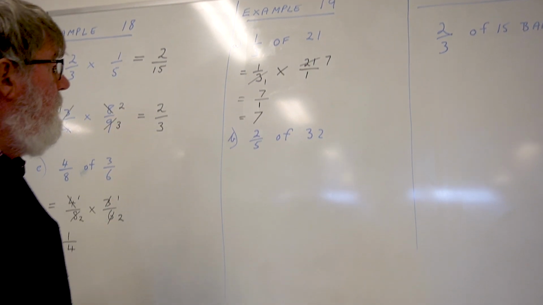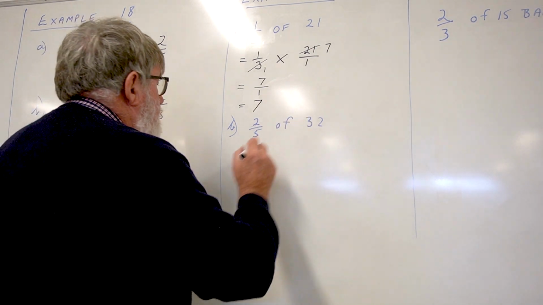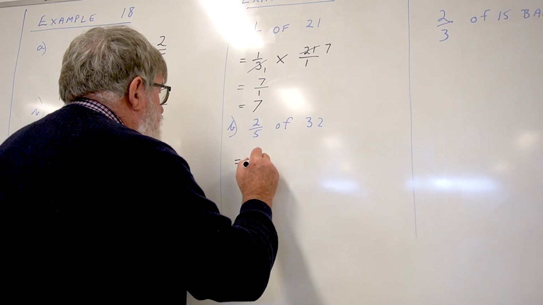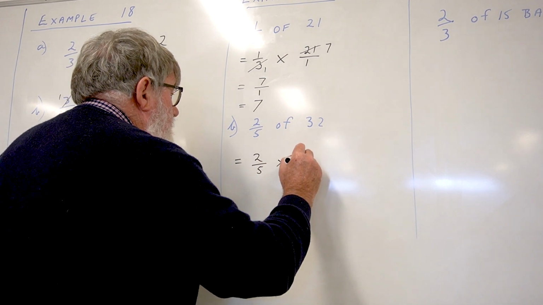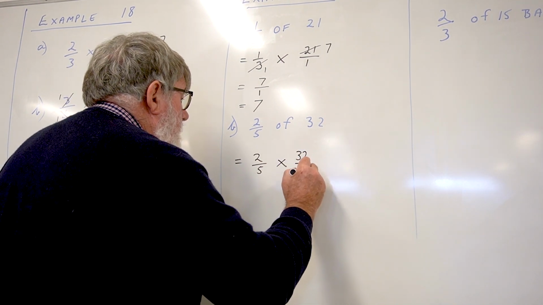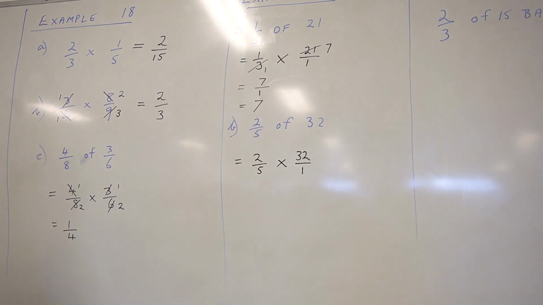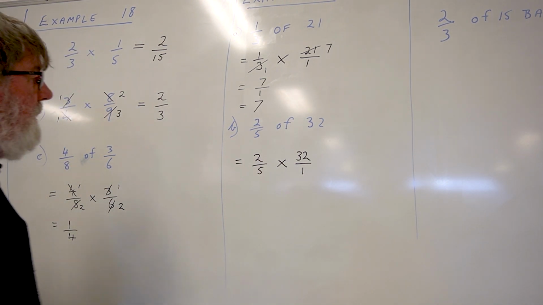Moving on to 2/5 of 32. Let's do the same structural rearrangement. Of is times, 32 is 32 over 1. There are no common factors there.